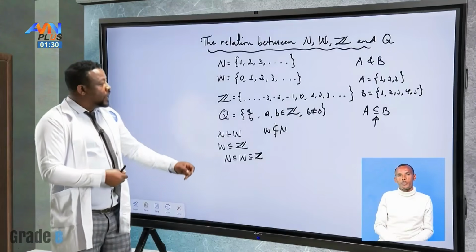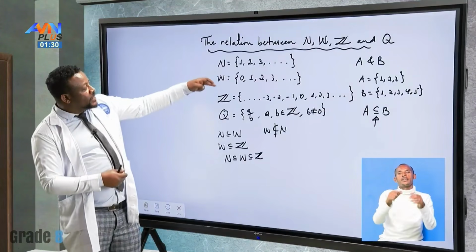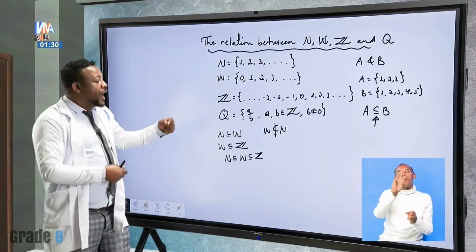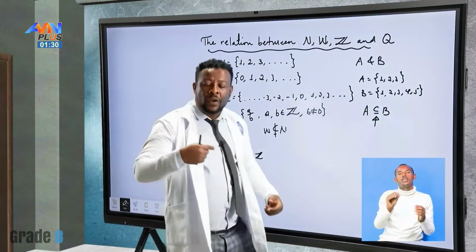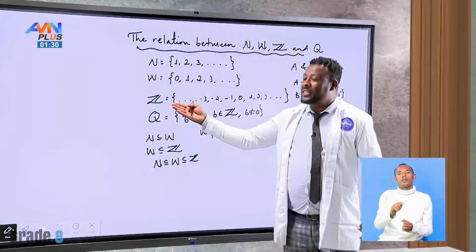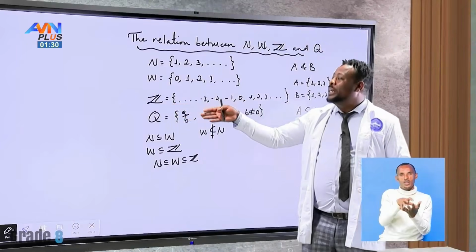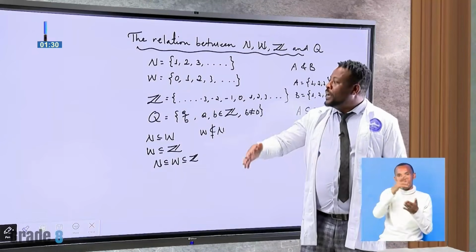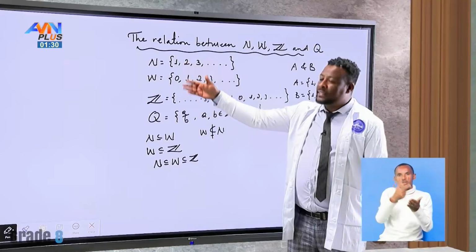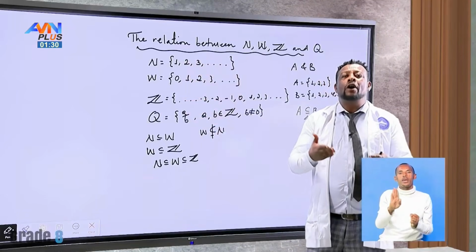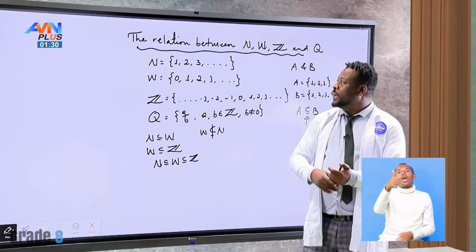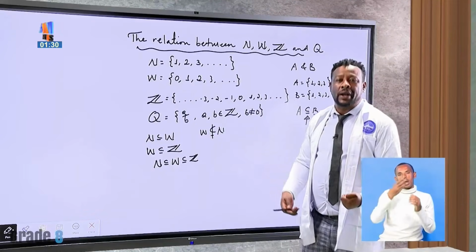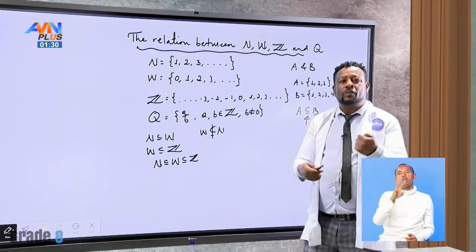So all these sets, the set of natural numbers, the set of whole numbers, and the set of integers can be included in the set of rational numbers, because every one of these sets can be written in A over B form. Okay, 3 can be written as 3 over 1, or you can make it 6 over 2.